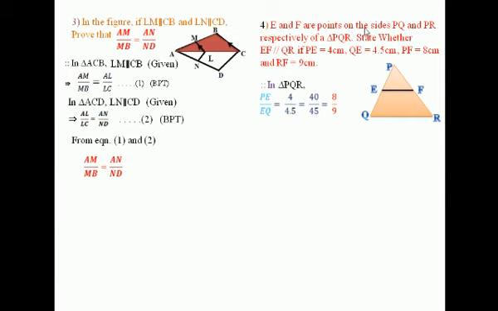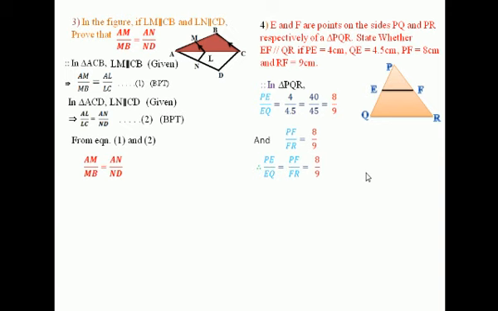Similarly on the other side, the other ratio, PF by FR. PF is 8 and FR is 9, it is given here. So the ratios are same, 8 by 9, 8 by 9. So PE by EQ is equal to PF by FR, that is equal to 8 by 9.